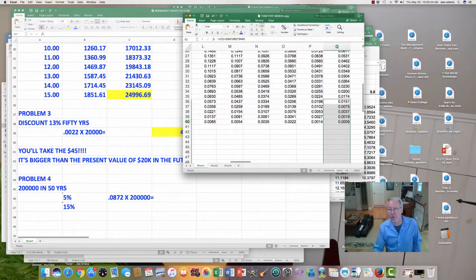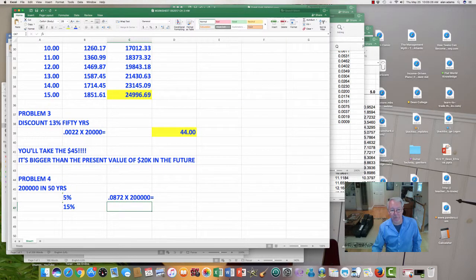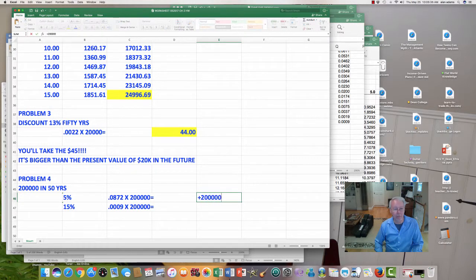The factor is 0.0009. It's that easy, friends. Let's see what we get. The first one is 0.0872. The second one is going to be times 0.0009. There are my two numbers. I'm going to add pennies to that just for grins. Oh, there are no pennies.